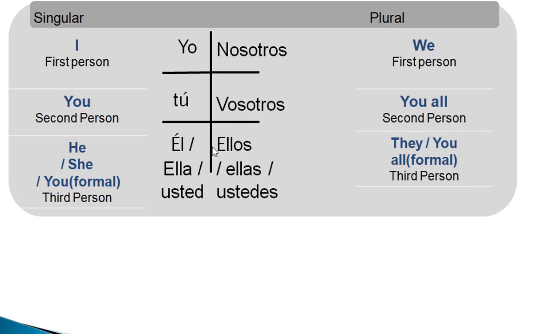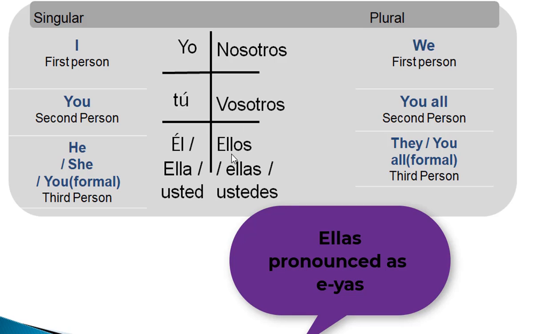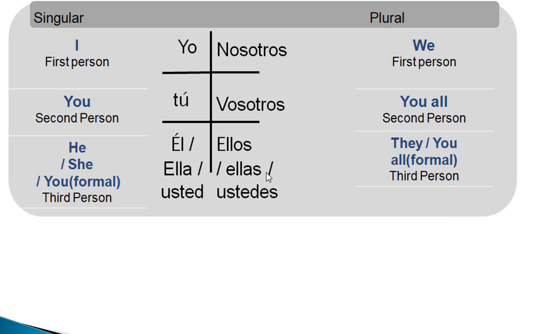If we are talking about a group of men, it's ellos. Group of women, ellas. And you all, we had usted in singular form. We add es to it, it becomes ustedes. So nosotros, vosotros, ellos, ellas, ustedes.